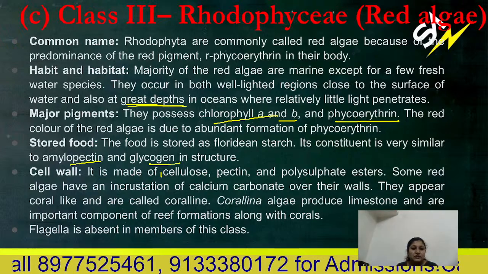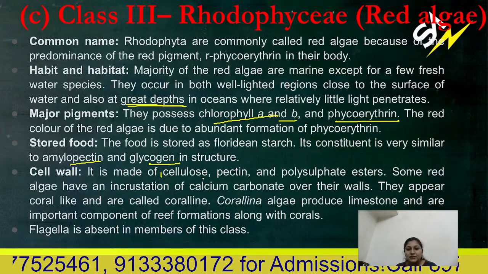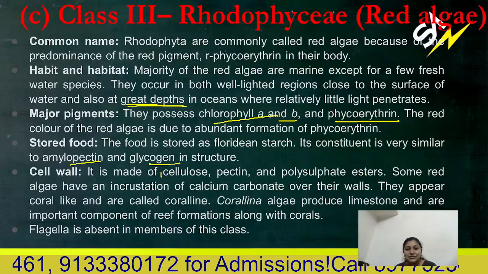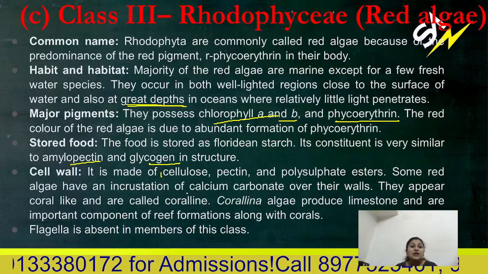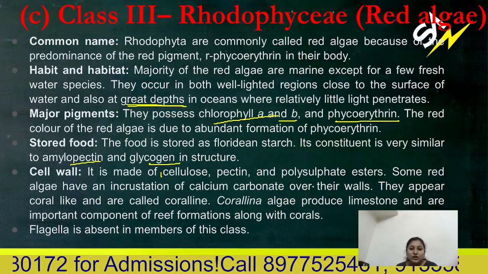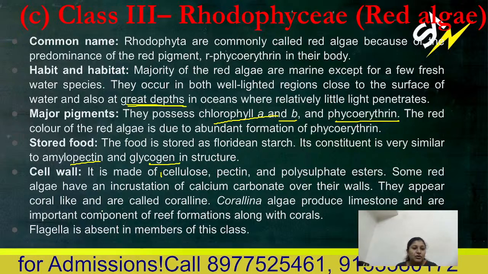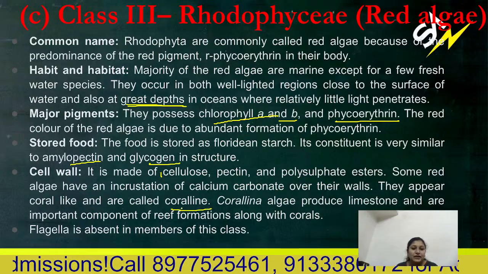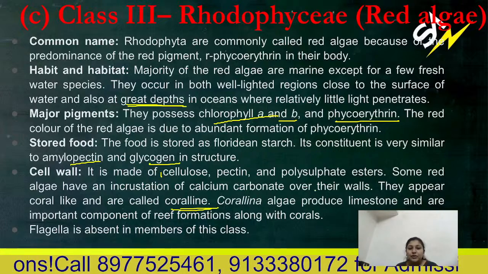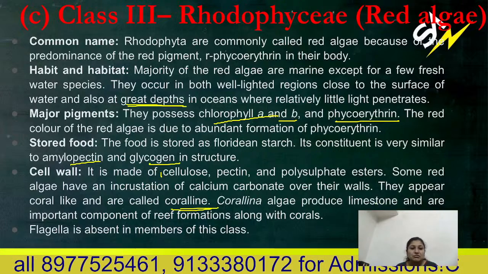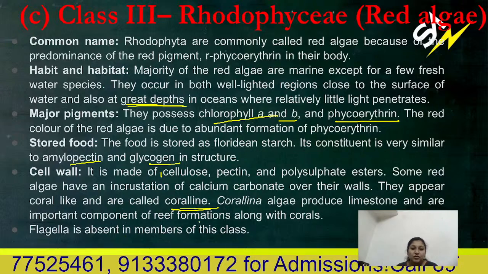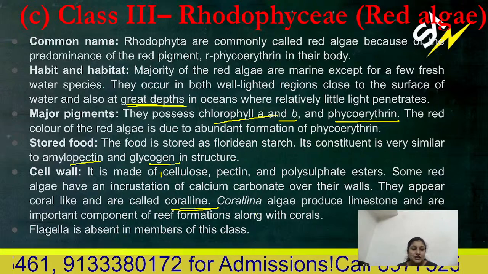Then the cell wall is made up of cellulose, pectin and polysulfate esters. Some red algae have calcium carbonate over their wall. They appear coral-like and are called coralline. Coralline algae produce limestone and are an important component of reef formation along with the corals.